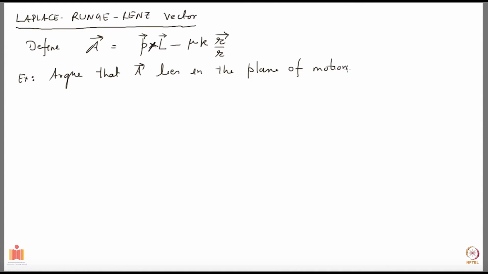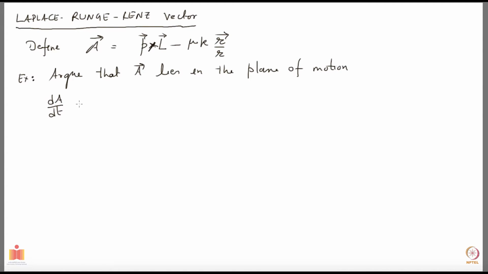You should argue that the vector A is in the plane in which the particle is moving. That's a fairly simple exercise. Now I want to show that this is a conserved quantity, meaning that if I take the time derivative of A, I will get 0.